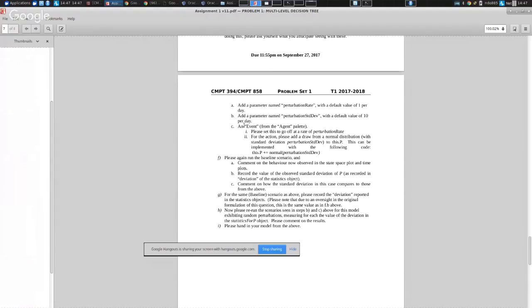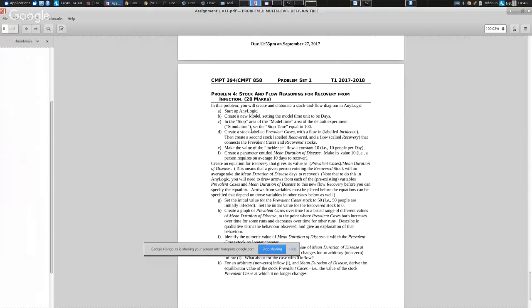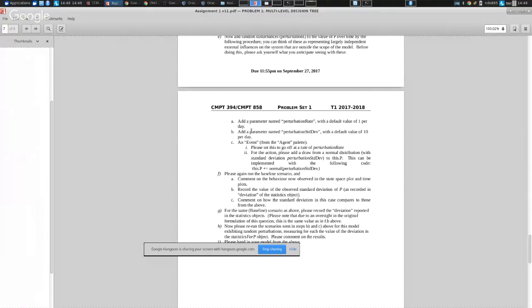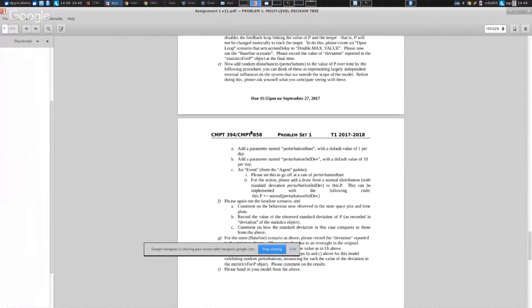For A, for B here, you're not actually adding something in. Rather, you're undertaking an action. However, for F here, for each of these subparts, you in fact are delivering something. So if I'm not asking you to turn something in for a part, you needn't do so. This is just sort of a step where you undertake action. So E, there's nothing for you to turn in other than the final model, which is being built here.